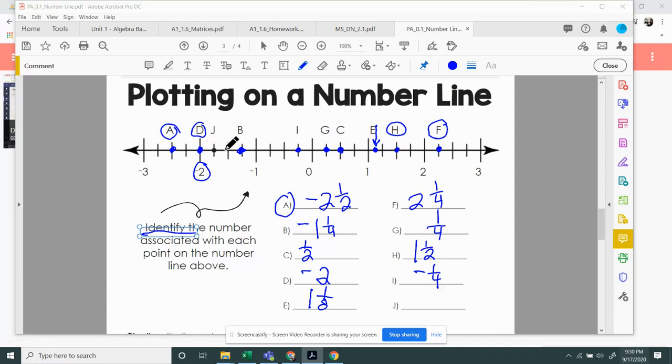And J is all the way down here, and we know that it's negative. It's between 1 and 2, but let's see how many quarters in it is beyond -1. -1, 1/4, 2/4, which is the same as 1/2, 3/4, -1 and 3/4.